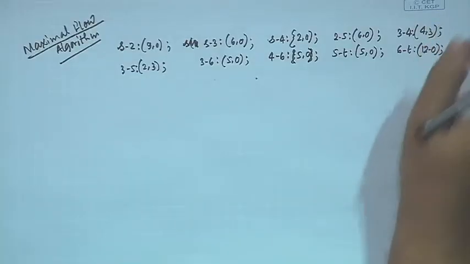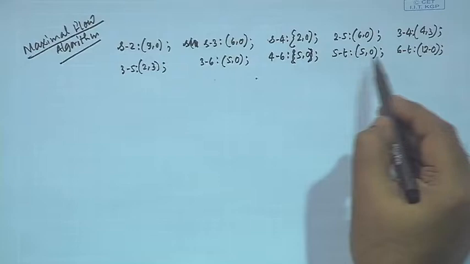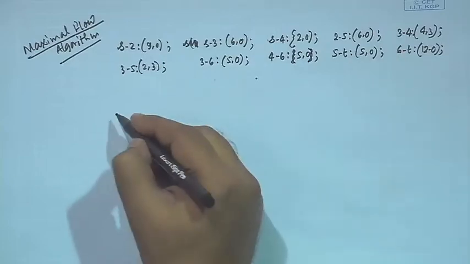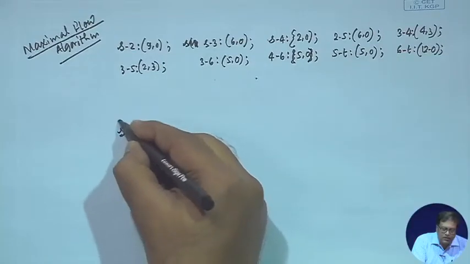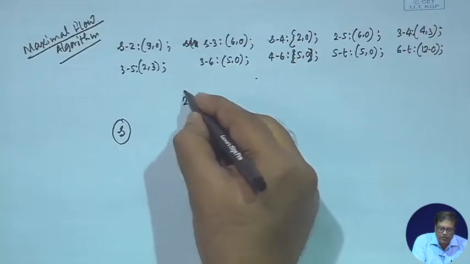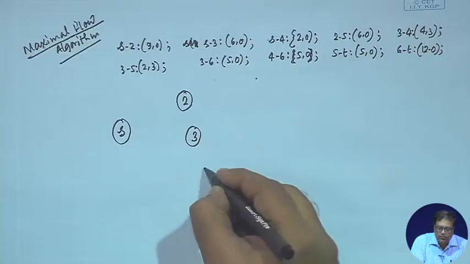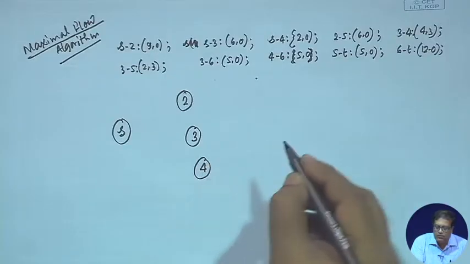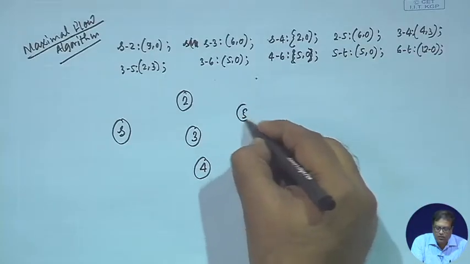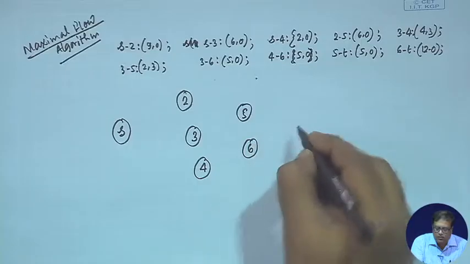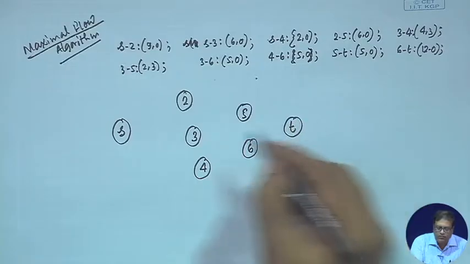You see we have S, T and 2, 3, 4, 5, 6. So, let us draw S here, 2 here, 3 here, 4 here, 5 here, 6 here and T here.